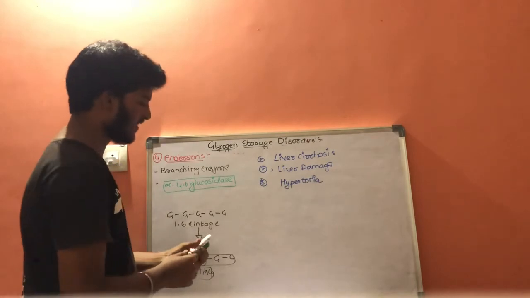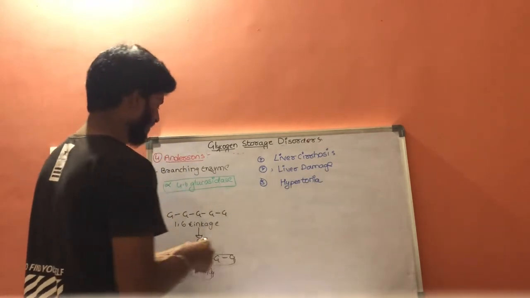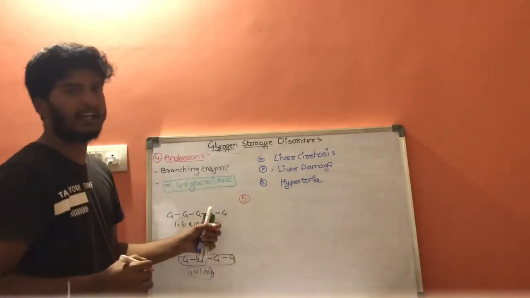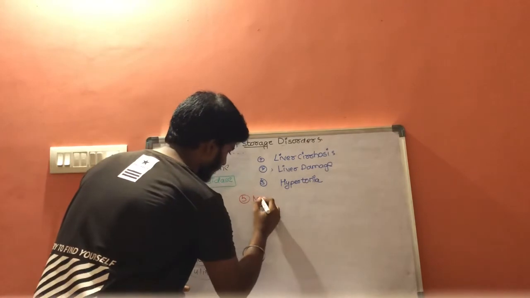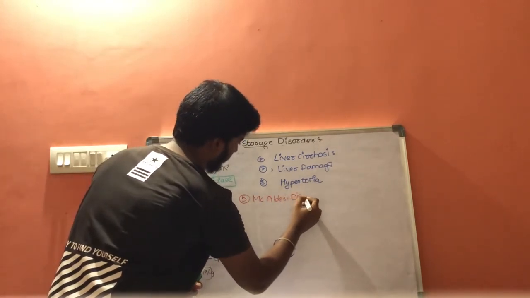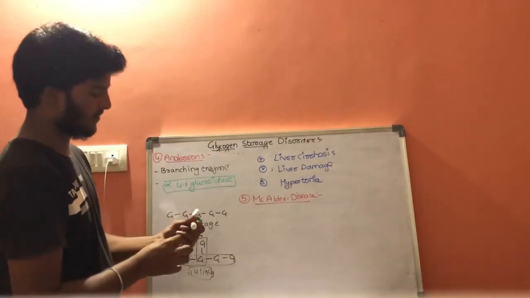And the next, fifth type, is McArdle's disease.